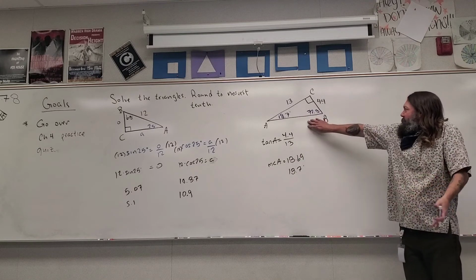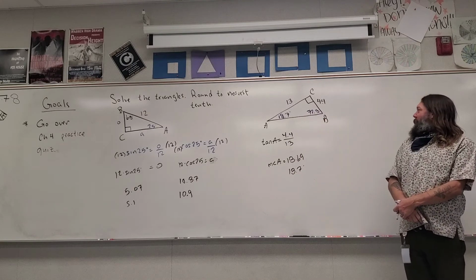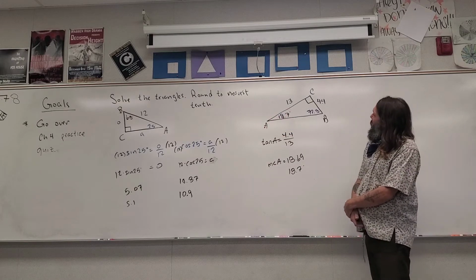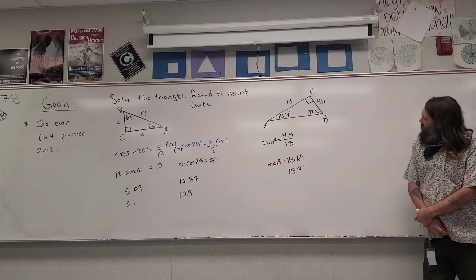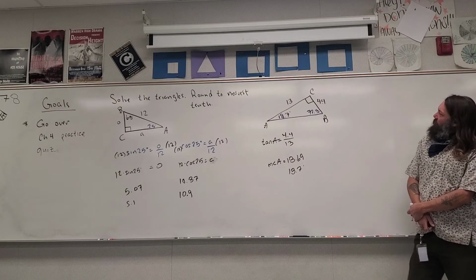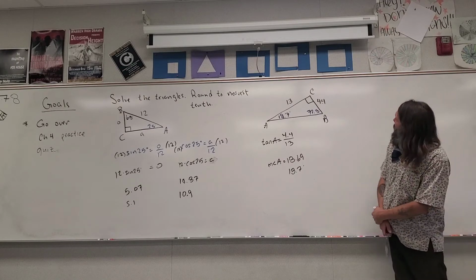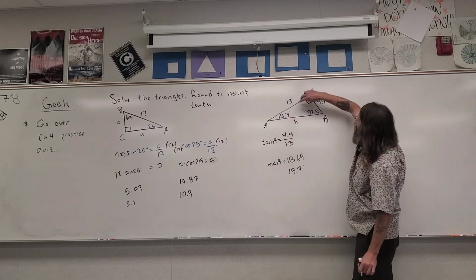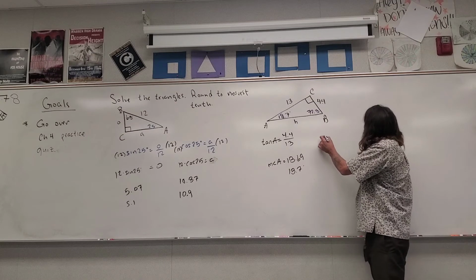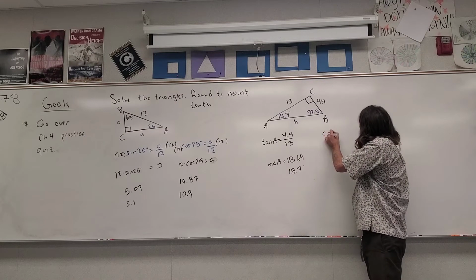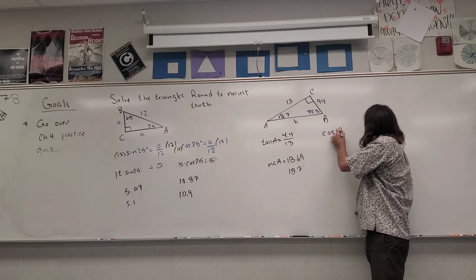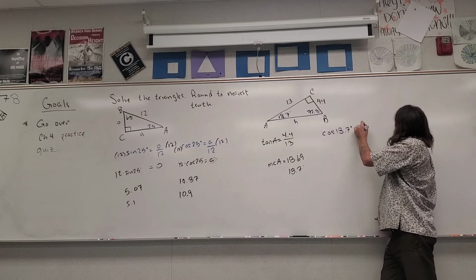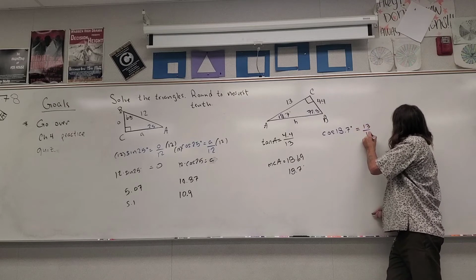Now I just need to find my side length. I'll use the cosine because I have an adjacent side and I need to know what my hypotenuse is. The cosine of 18.7 degrees is equal to the adjacent length divided by the hypotenuse.